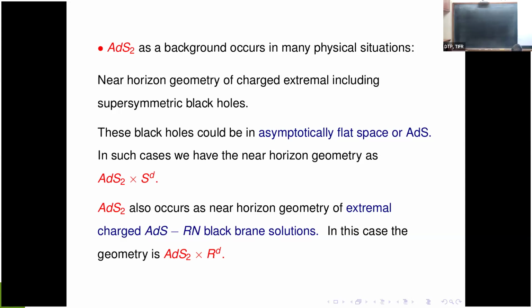In such cases, the geometry near the horizon becomes AdS2 times a sphere. Or they can be black brane solutions, in which the geometry is AdS2 times a plane of flat space. So for studying near horizon geometries of black holes, this is the canonical geometry one sees in the extremal case.